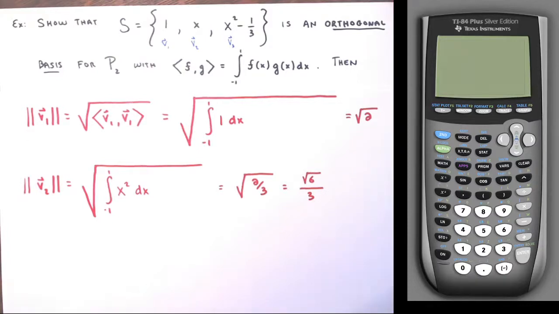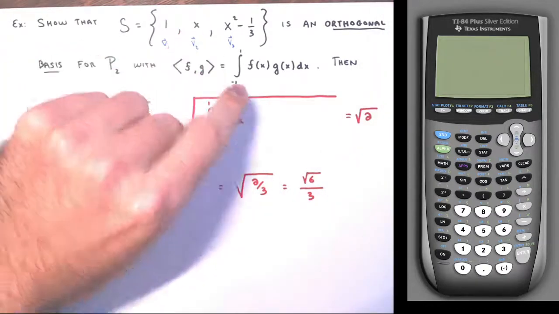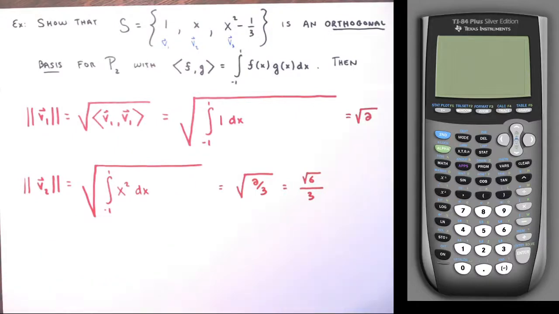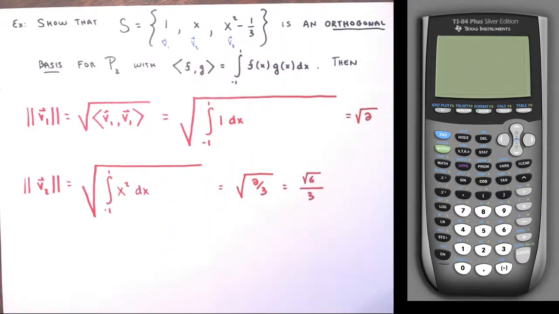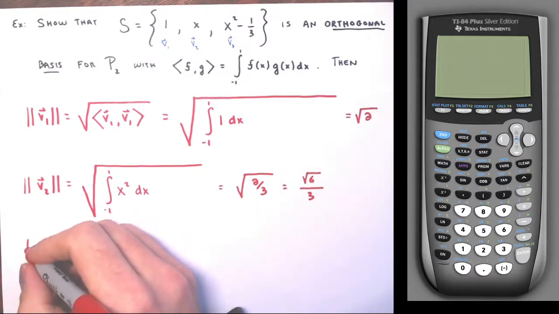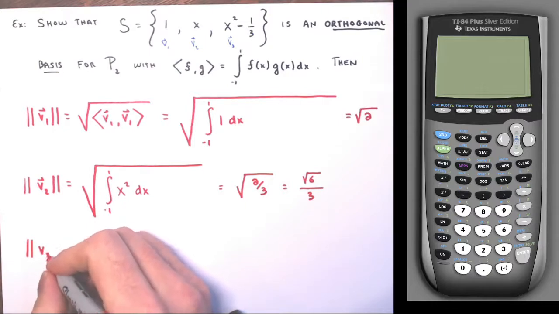So what I'm going to do now is multiply x by 3 over the square root of 6, the reciprocal of this, to get a unit vector, because this is not 1. x is not a unit vector under this inner product. So I'm going to multiply by the reciprocal of the norm. All right, and then what's the norm of V3?